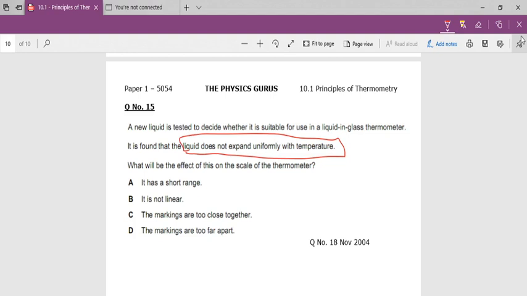It always belongs to linearity. So this one will be the correct answer. It always depends on the linearity. Linearity means that the scale will be uniform. It does not depend on the range, because this is the keyword that it is not expanding uniformly.